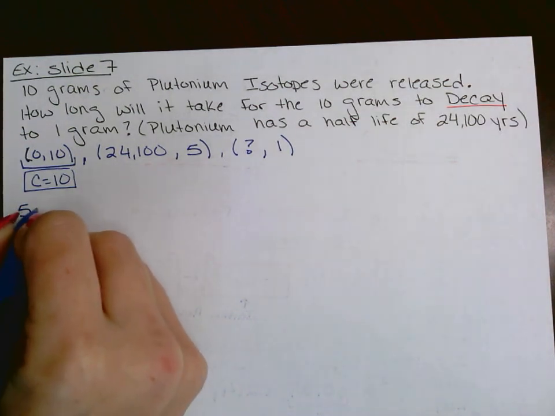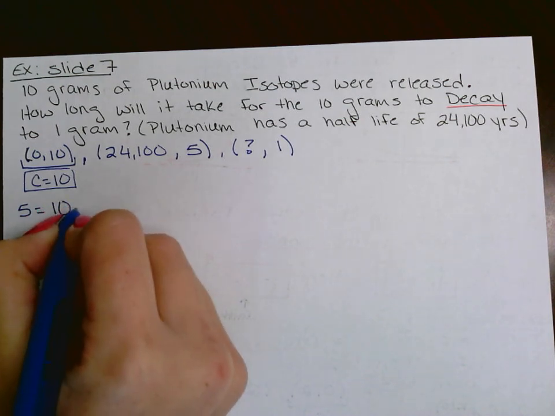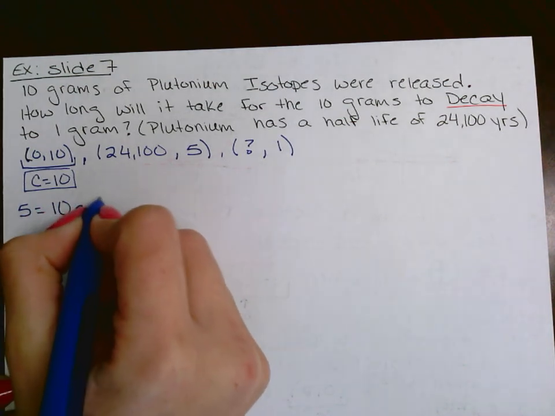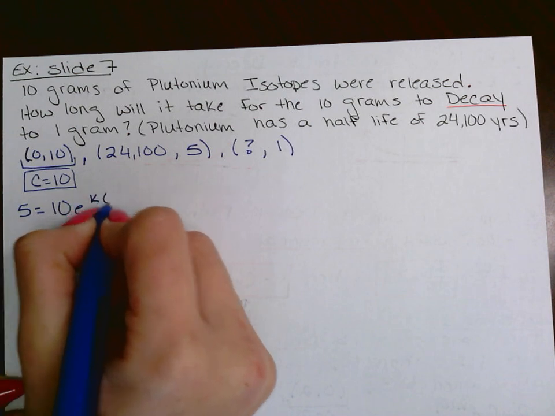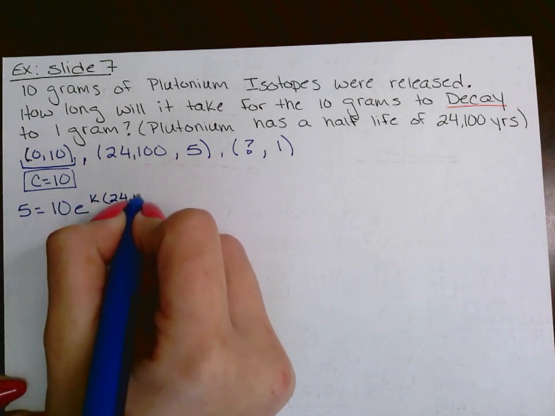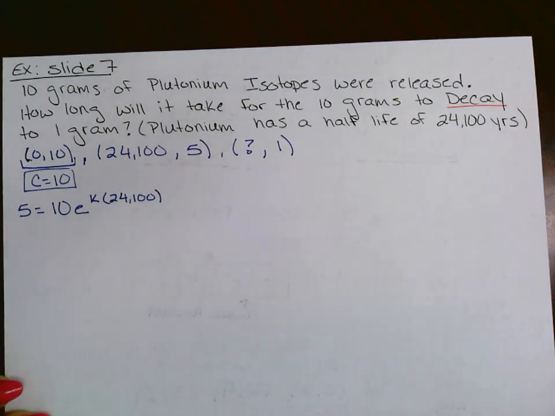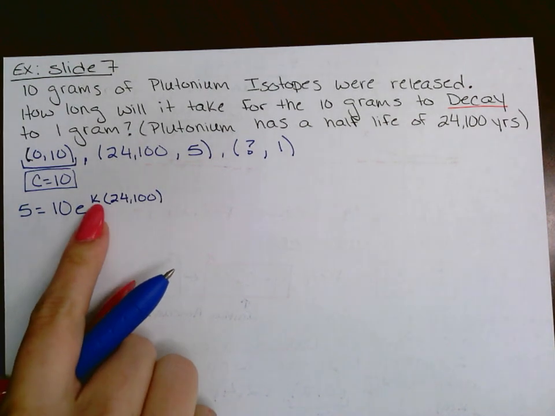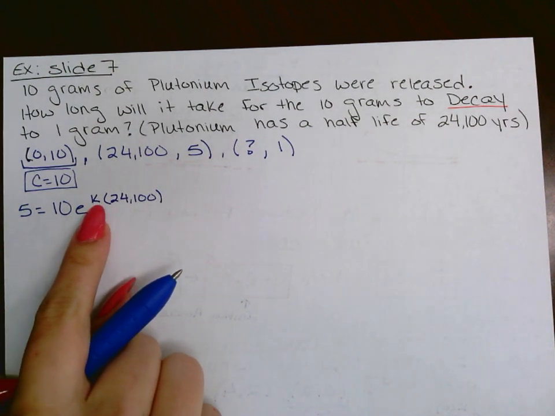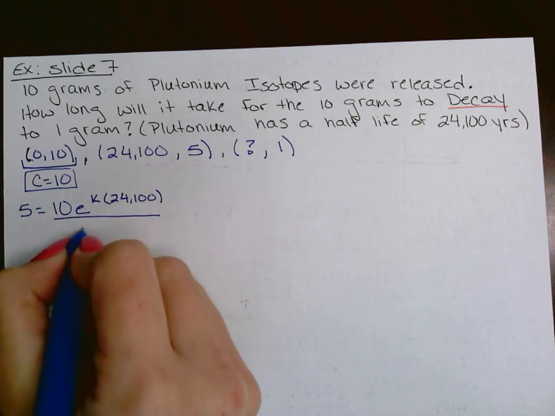Okay? Now I'm going to use my second ordered pair to keep going. All right, to solve for K, 5 equals C, which is 10, times E raised to K times time, which is 24,100. Okay? So my job again is to get that K alone. So step 1, divide by 10.